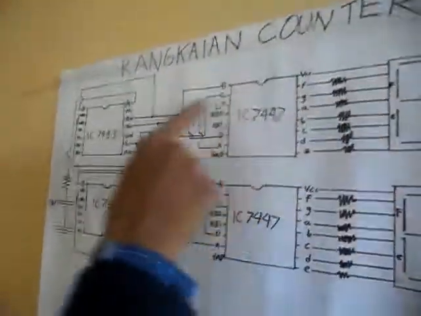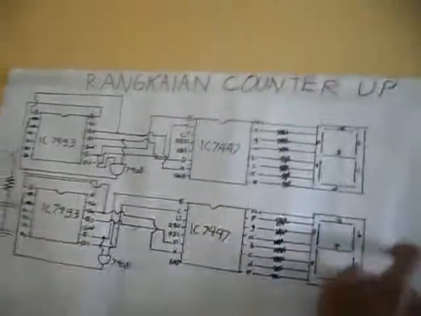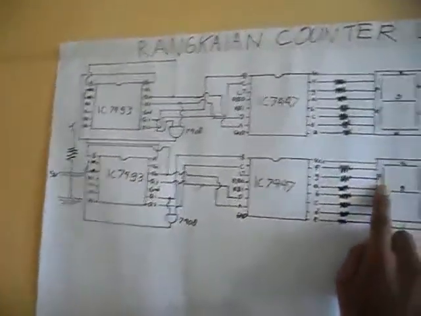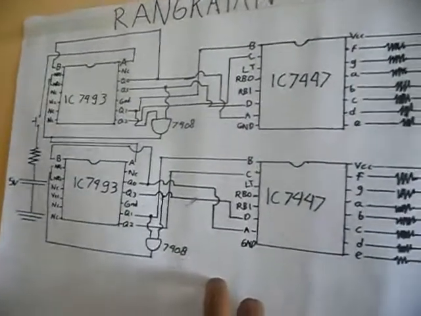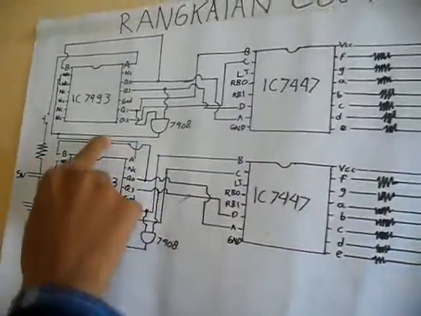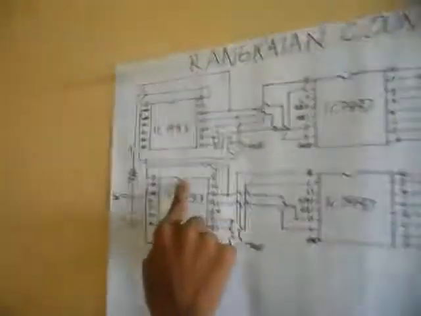Here is a picture of the series of counter-up with two 7 segments. The circuit uses two IC 7493 counters, an IC 7408 because it contains AND gates, and two IC 7447.